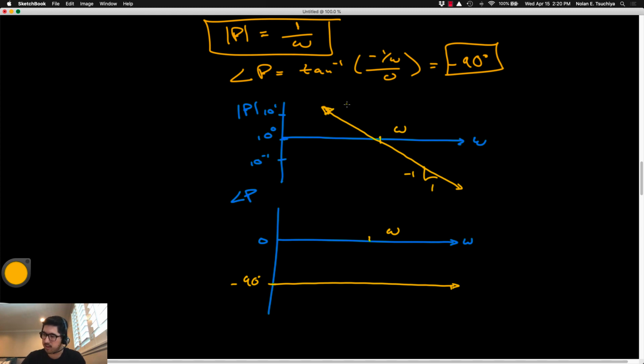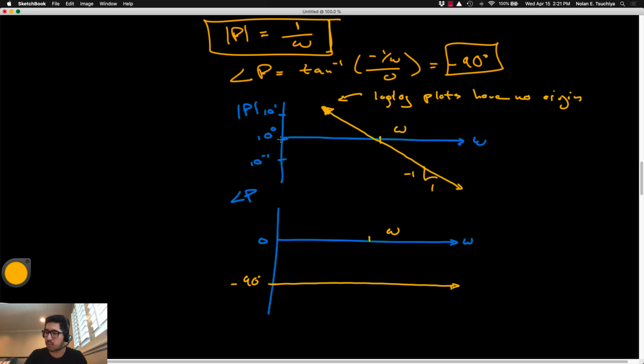What I want to highlight here is that I'm specifically not allowing this arrow to intersect with the imaginary axis, right? I'm just drawing an arrow that indicates that log-log plots have no origin, right? And you can see that in the equation itself. 1 over omega is the expression for the magnitude.